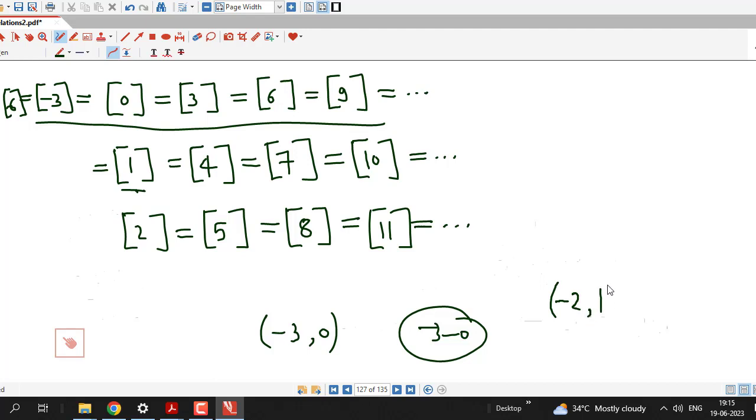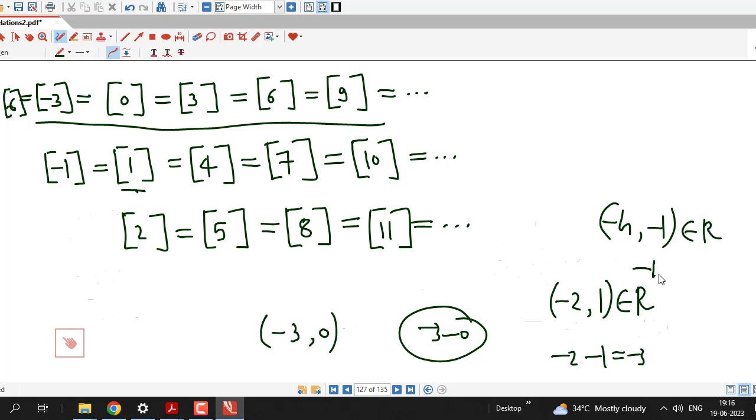So we know that (-2, 1) belongs to R, because -2 minus 1, that is -3, is divisible by 3. Therefore, the equivalence classes generated by -2 and 1 are equal. Similarly, for the equivalence classes generated by -4 and -1, the pair (-4, -1) is also an element of R, because -4 plus 1 is -3 and it is divisible by 3.